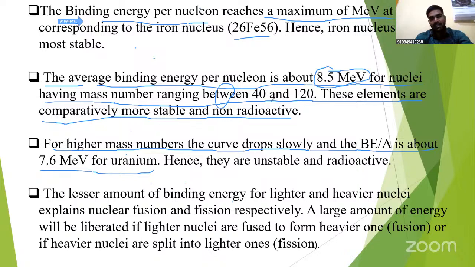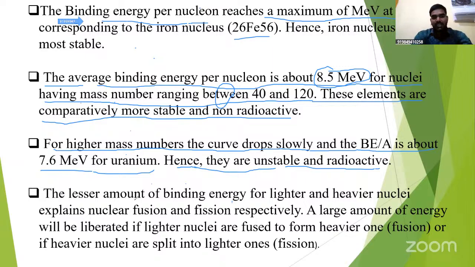As the mass number increases, as the number of nucleons increases, there is a decrease in binding energy, that is 7.6 mega electron volt. That's why there will be decay in uranium. Hence, it is unstable and radioactive, and it will decay into thorium and an alpha particle, isn't it?